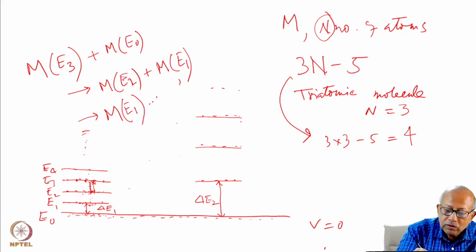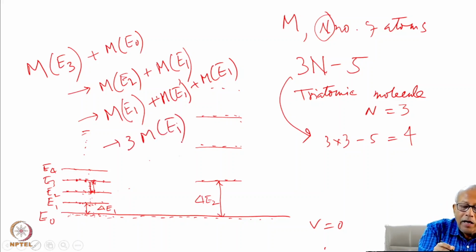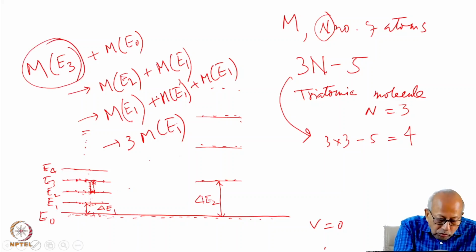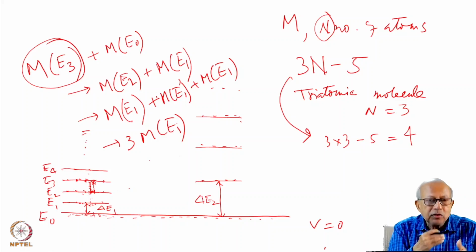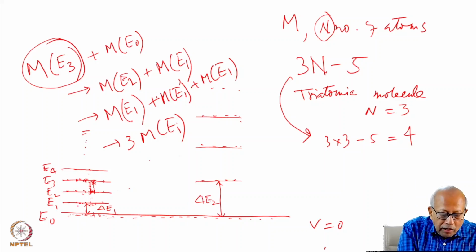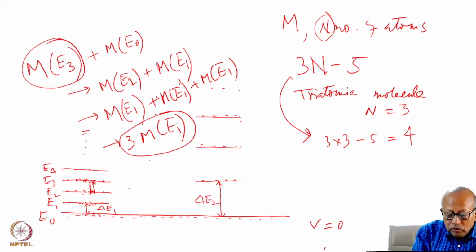So it becomes another Me1, and already there exists Me1, so that makes it 3Me1. So you see, one molecule which was in the third excited energy state, through this vibrational energy transfer process by virtue of collisions, will result in creation of three molecules in the E1 energy excited state.